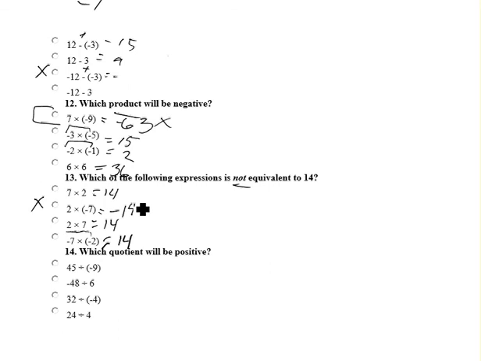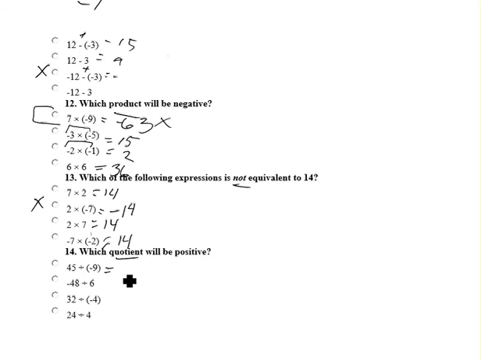Which quotient, that's division, will be positive? Division has the same rules as multiplication. The signs are the same, it's positive. If the signs are different, it's negative. Signs are different. 45 divided by 9, a negative 9.